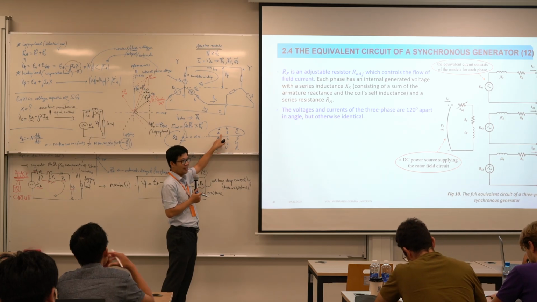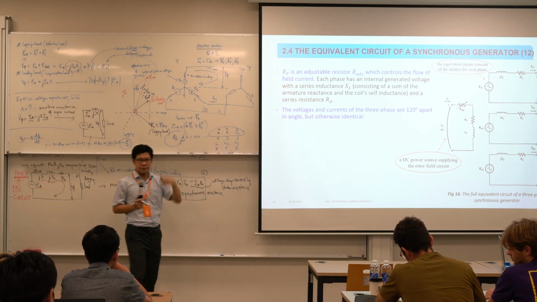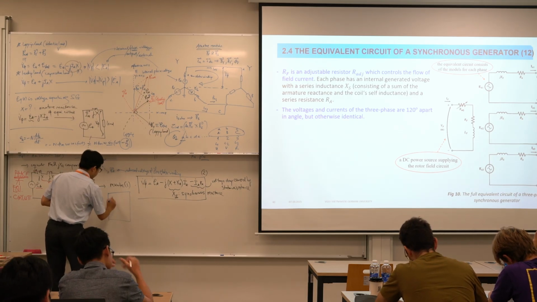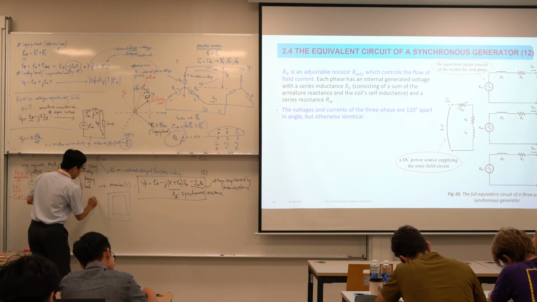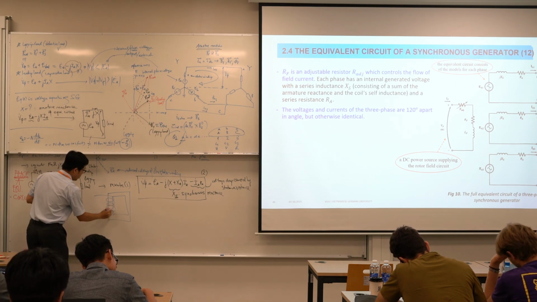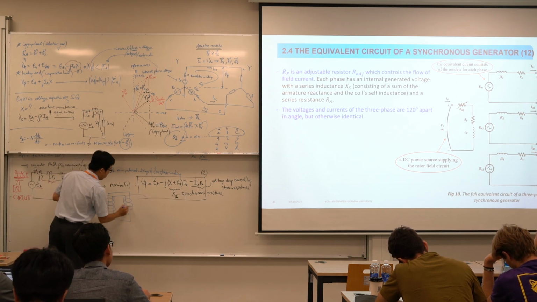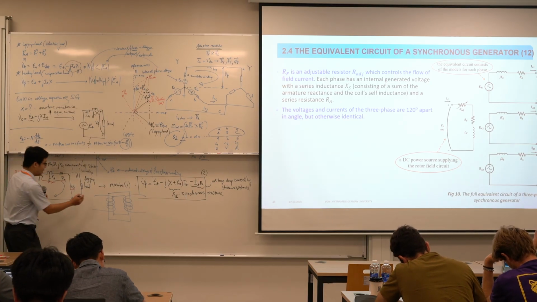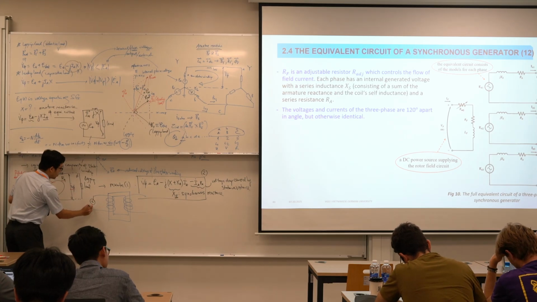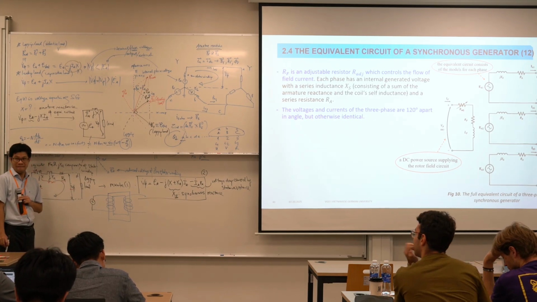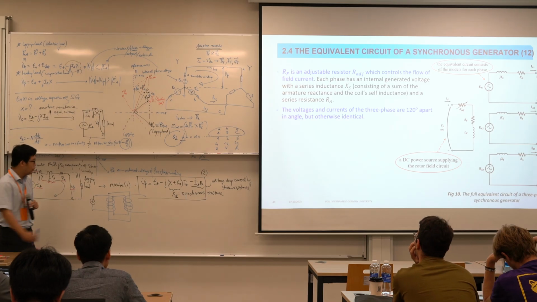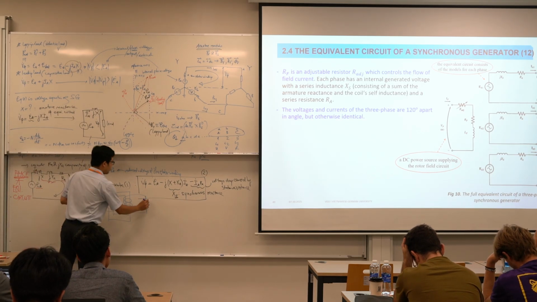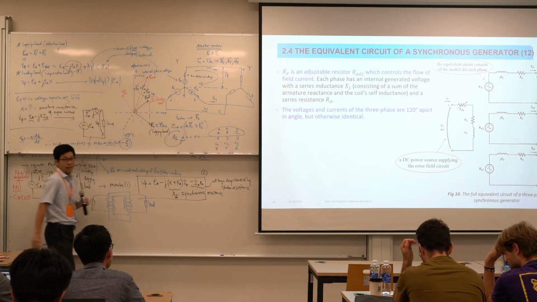So go back to the transformer theory. We have the transformer, with a primary winding and a secondary winding. For the primary winding, we must connect to what? Source. For the secondary winding, we need to connect a load.